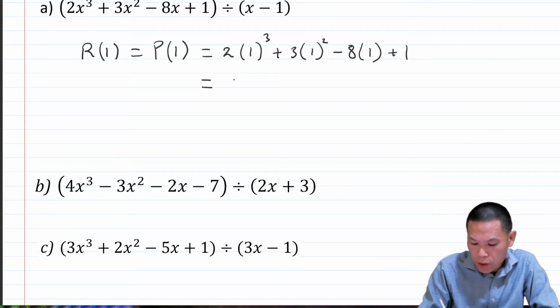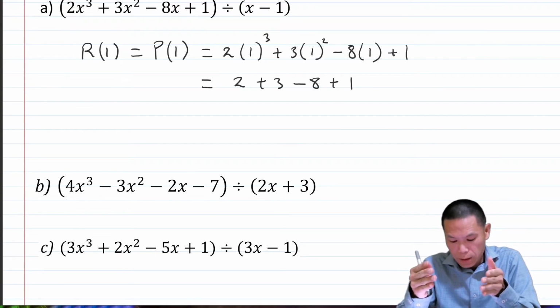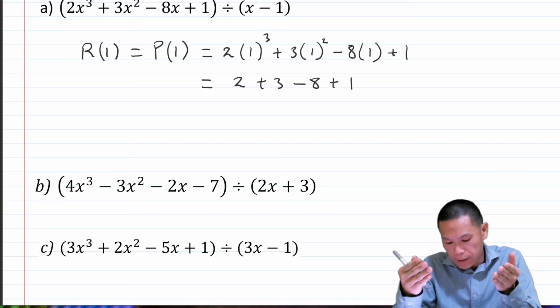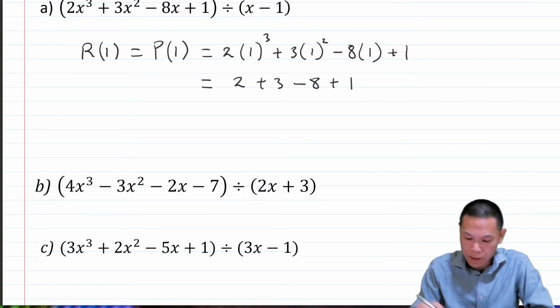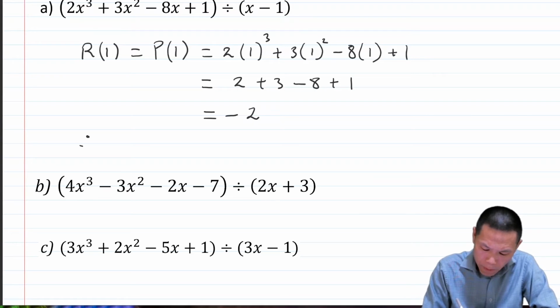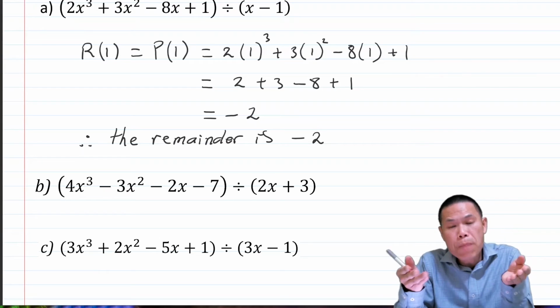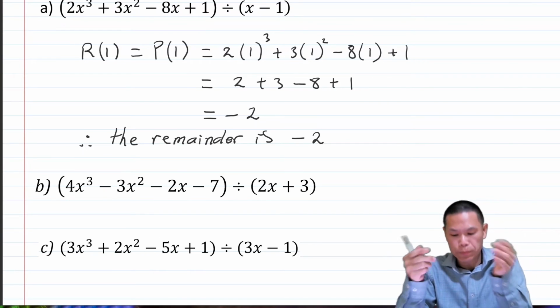So that will give me 2 plus 3 minus 8 plus 1. And 2 plus 3 is 5, and then add 1 is 6. So minus 8, which is negative 2. So therefore, the remainder is negative 2.